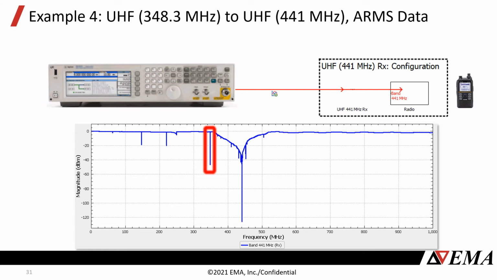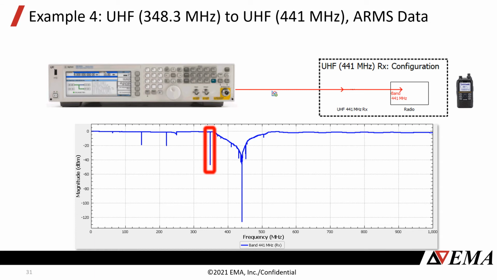So Juan's going to demonstrate with the signal generator. We're going to inject a signal directly into the front end of this receiver and show you the SINAD value and how he has to vary the power level to determine that threshold where we go from no interference to interference. And keep in mind, this is one frequency.